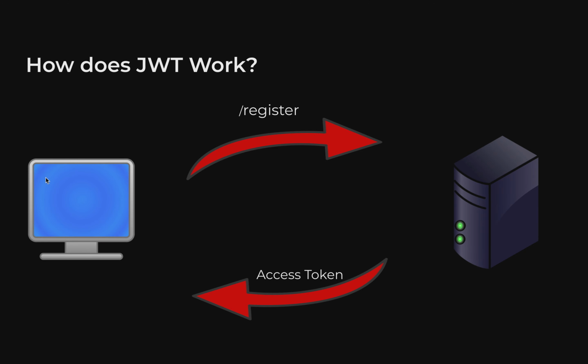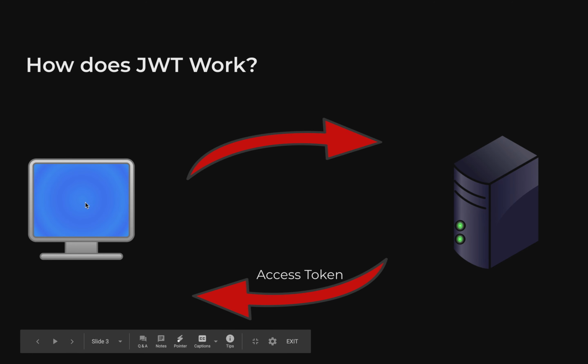So to recap, a client will send a request to some route, which the server will see, and it'll return to them an access token from JWT, which they can use to send to other routes to get access. Now that they have their register access token, they can log in.